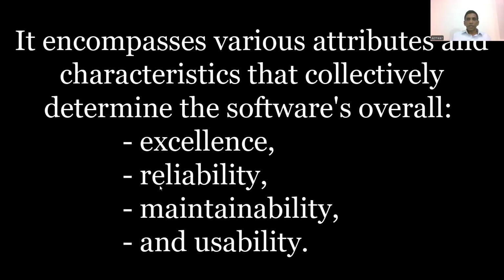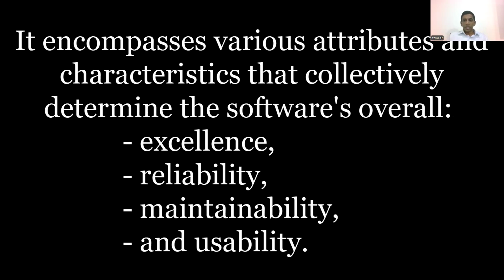So that's one way to look at the definition. And we can also bring in these attributes. Various attributes are there when it comes to software quality assurance, and they collectively determine the overall quality of the software. So four points here: excellence, reliability, maintainability, and usability.